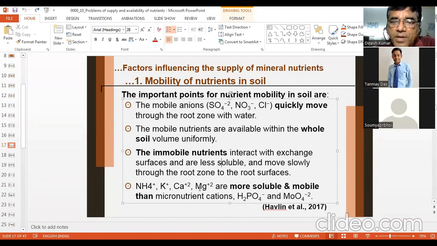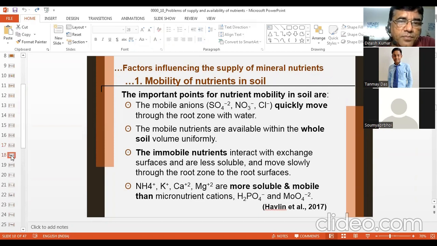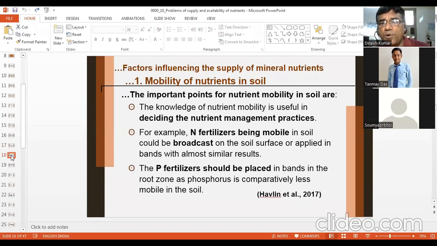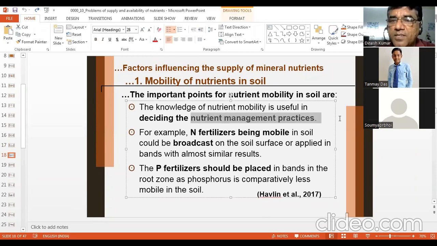Ammonium, potassium, calcium, magnesium are more soluble and mobile than micronutrient cations, phosphate, H2PO4, and MoO4, molybdate. These are important points about mobility of nutrients. The knowledge of nutrient mobility is useful in deciding the nutrient management practices.